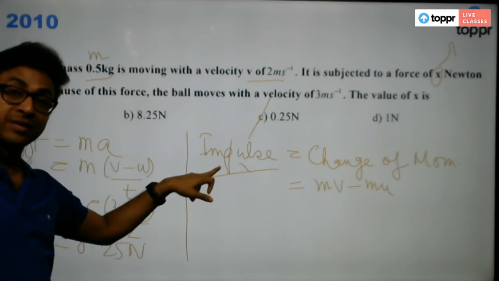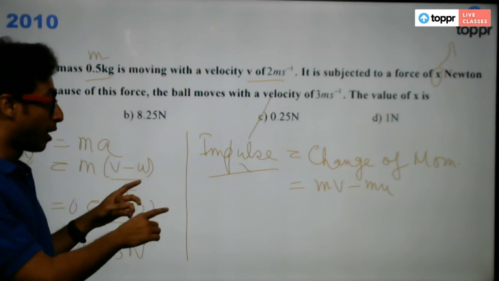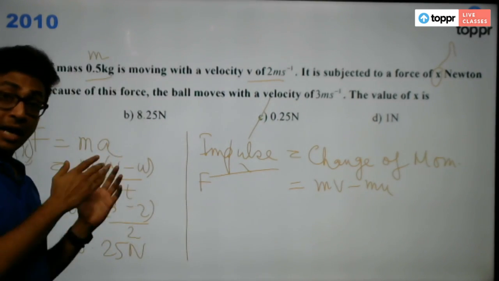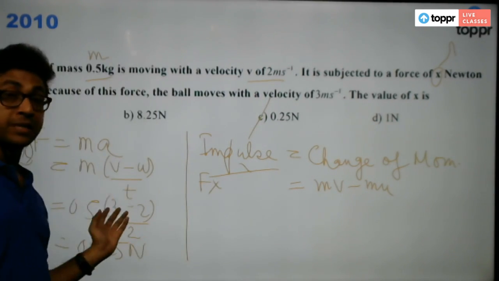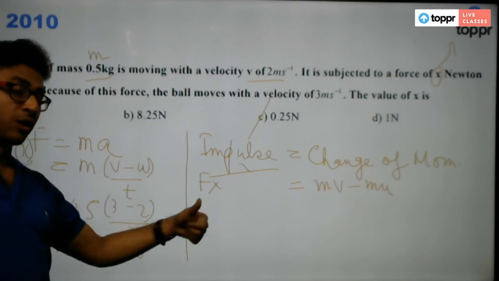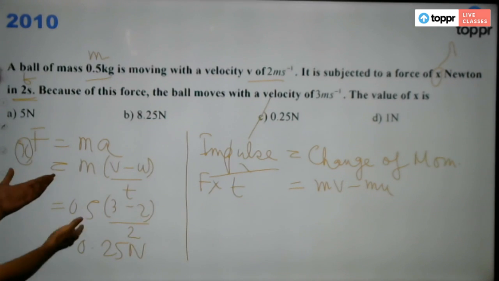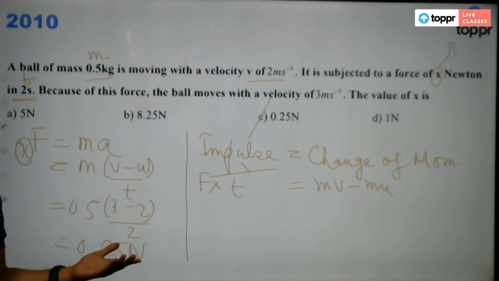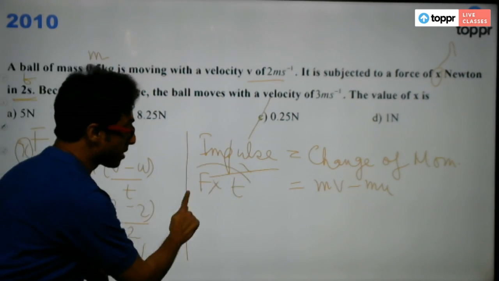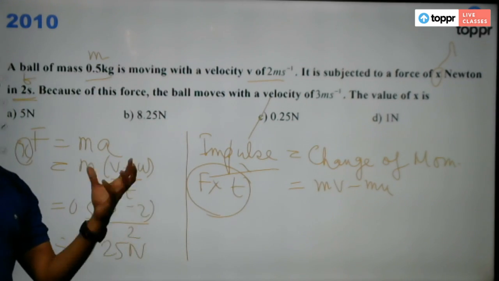Impulse has another definition, which is force multiplied by the time for which the force is acting on the body, that is F into T. You will see it is nothing but a modification of the same equation, but we need to understand it so that we can understand the physical parameters also.